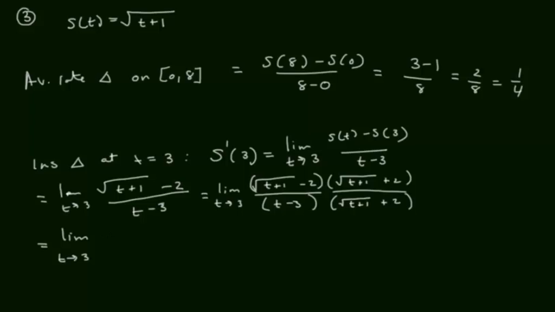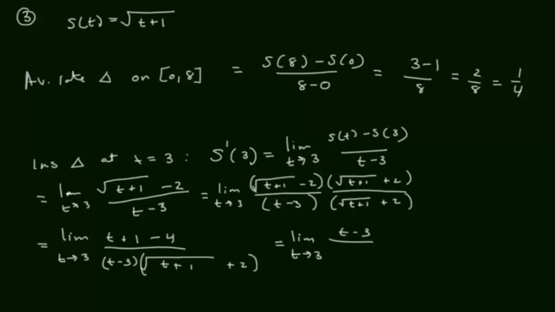The radicals disappear, so we have t plus 1, and then that's going to be minus 4. I do not want to touch the denominator. That would get really messy, so I'm going to leave that alone: the square root of t plus 1 plus 2. And then you hopefully can start to see that the top goes to t minus 3.